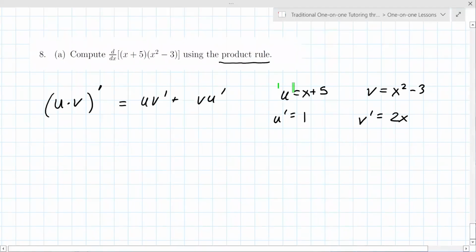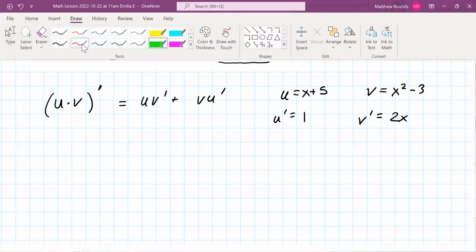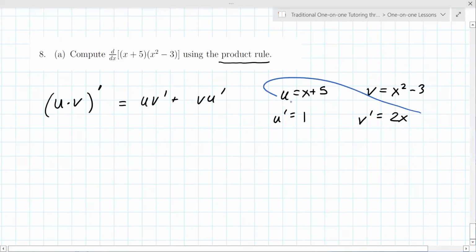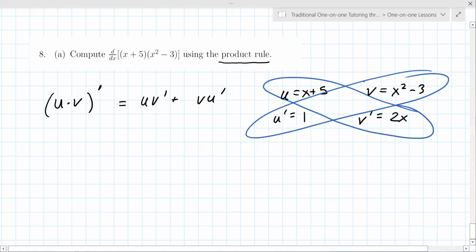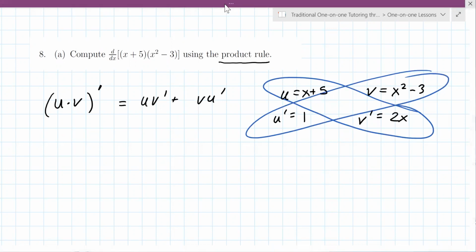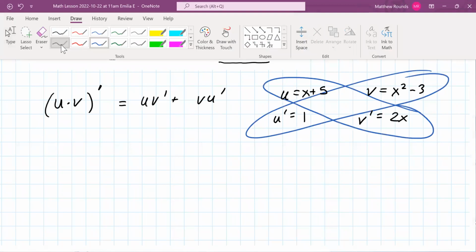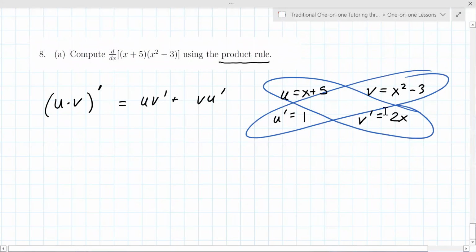We'll go with different colors. These end up combining that way. Okay, so let's see what I mean by that. You're always pairing the original with the derivative of the other. So u v prime is x plus 5, and then v prime is 2x.